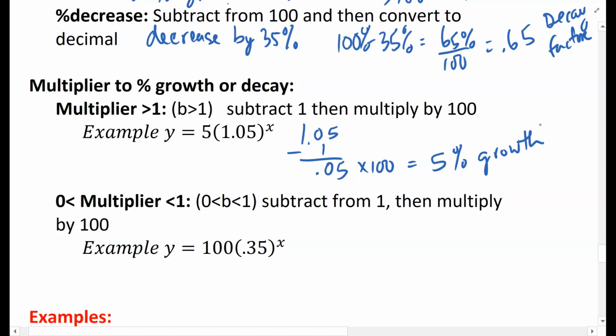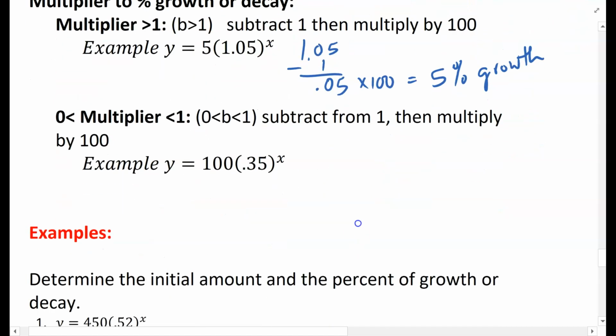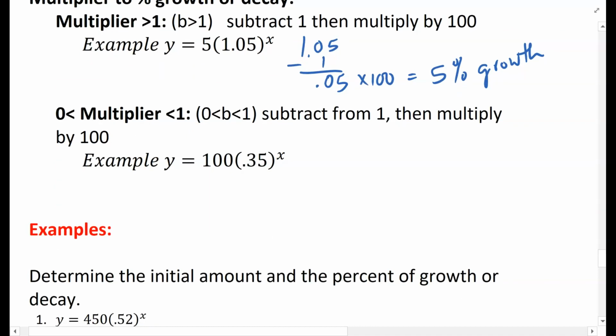Now, if our growth factor starts off as less than 1, so in fact it would be a decay factor, we would take 1 minus 0.35, which gives us 0.65. Times 100 would give us 65%. So be very careful in situations like this.